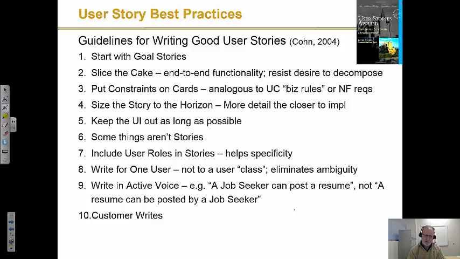So some guidelines, some places to start with. And by the way, these are things I hope that you look at when you have to sit down and write your own stories for your project. One is start with goal stories. Meaning, start with some objective the user's trying to accomplish. We have a natural tendency to want to think of, well, what do we need to do? And you start writing stories around what do I need to do, right?